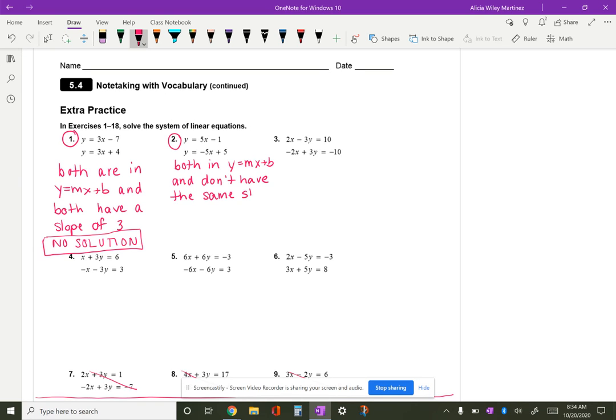And also, do you notice that they don't end up being the same equation? Because if the answer was no solution, they would have the same slope. If the answer was infinite solution, their y equals mx plus b form would be exactly the same.